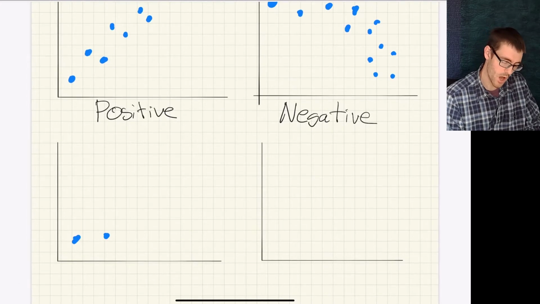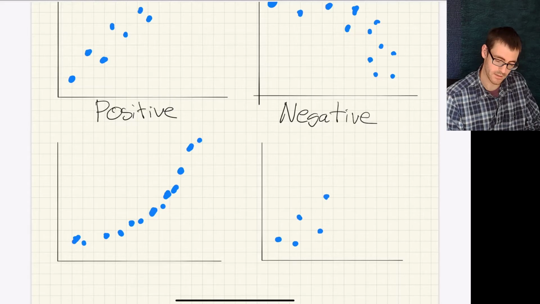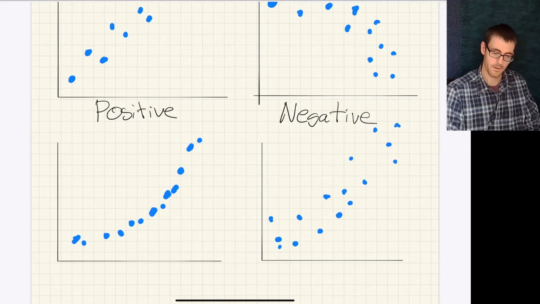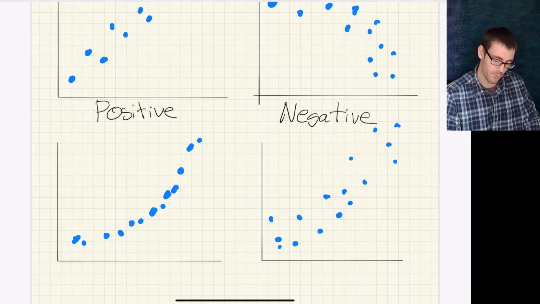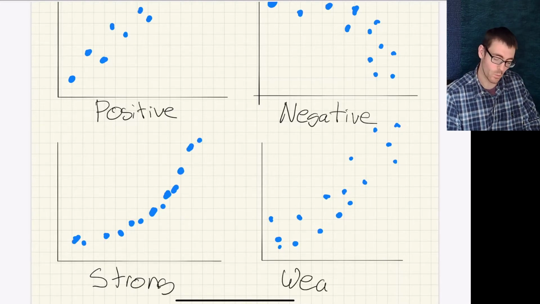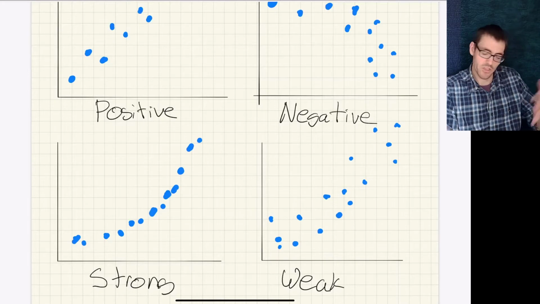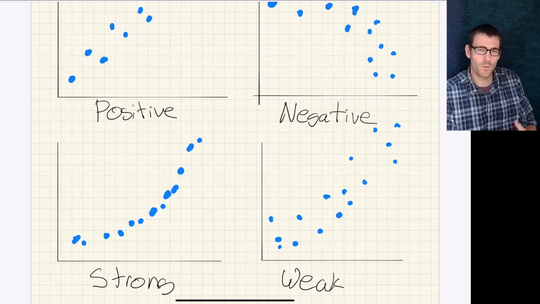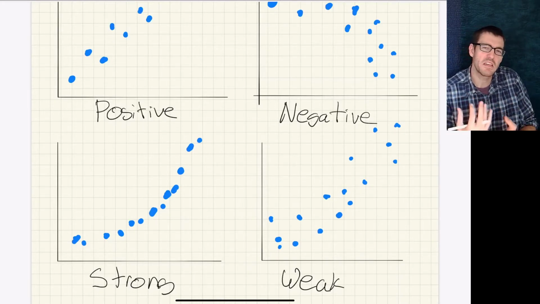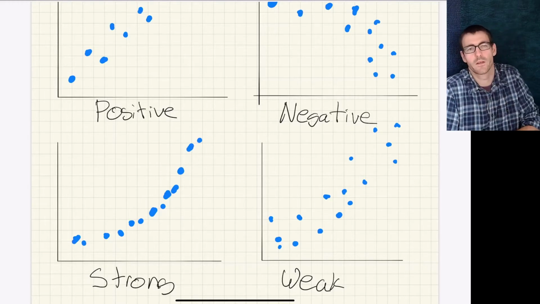So the contrast that I want to make is comparing this left data set to this right data set. On the left, I would say that this is a relatively strong relationship, whereas on the right, I would say that it's definitely a weaker relationship. Maybe it's medium weak. And we can use terms like somewhat strong or somewhat weak association.